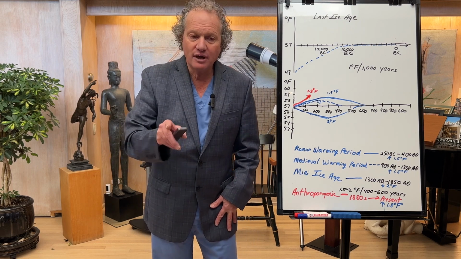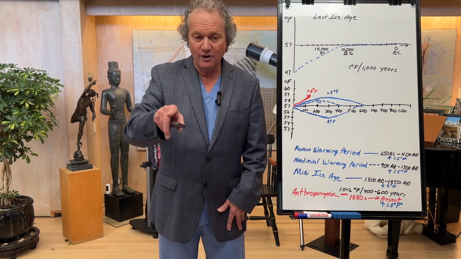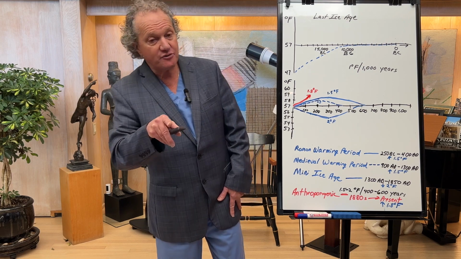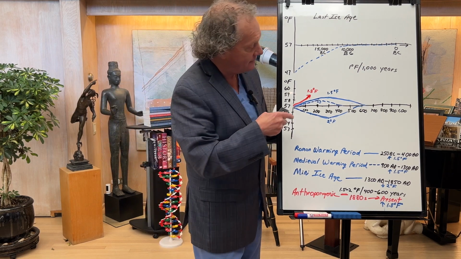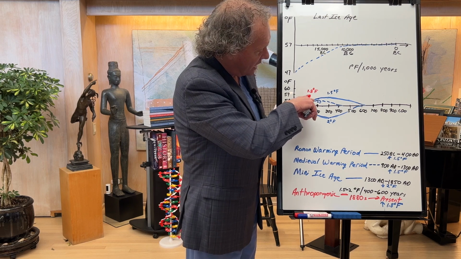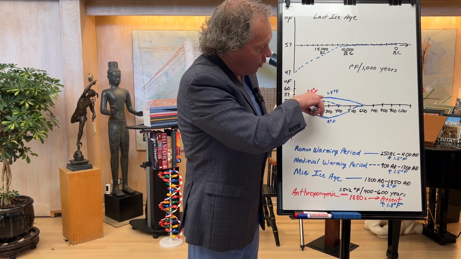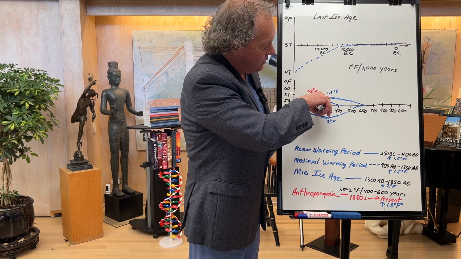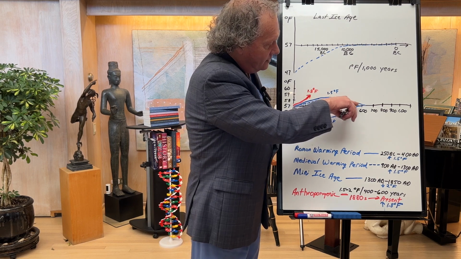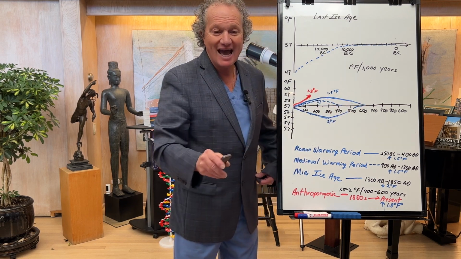It took 300 years to go up 1.5 degrees and another 300 years to drop back down. And that's shown right here in this solid line. This is the Roman warming period. 300 years, 1.5 up, 300 years, 1.5 down.